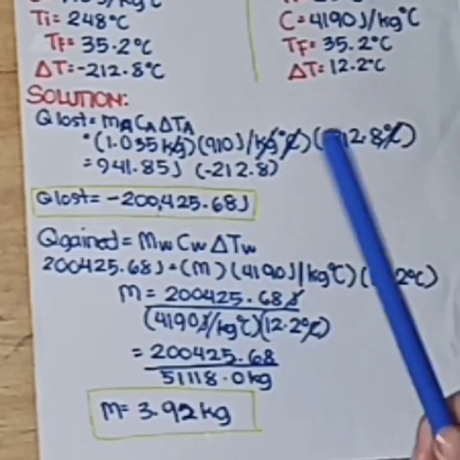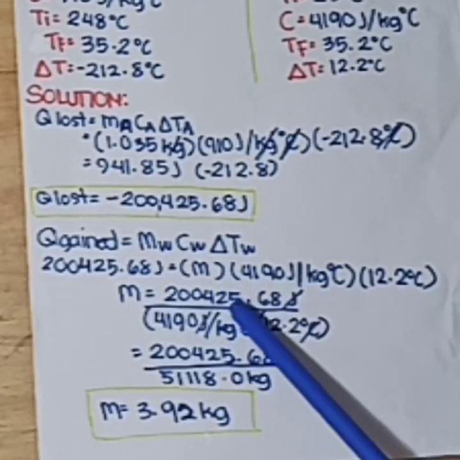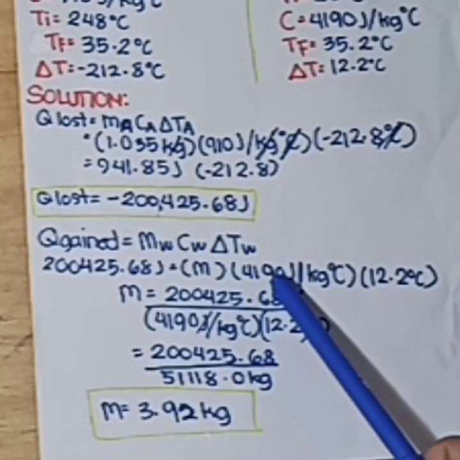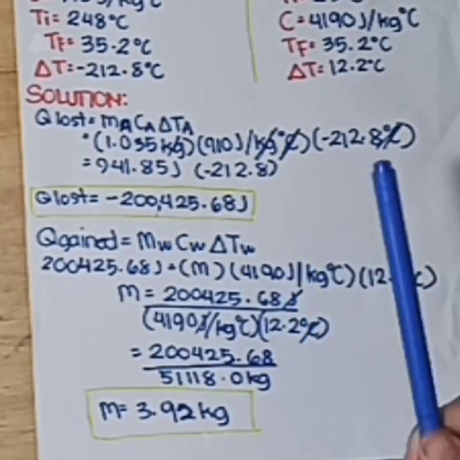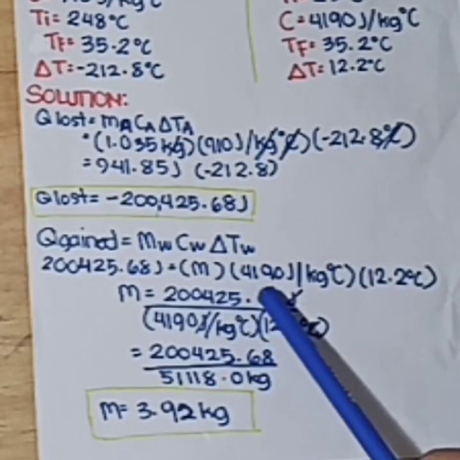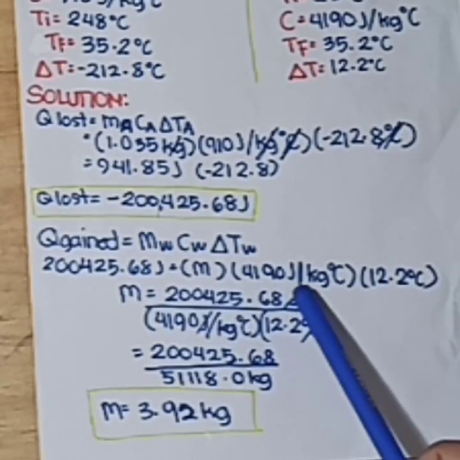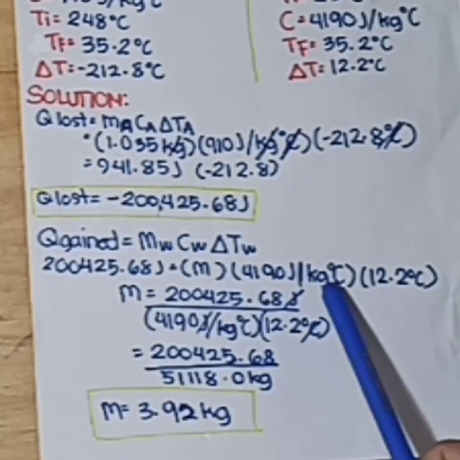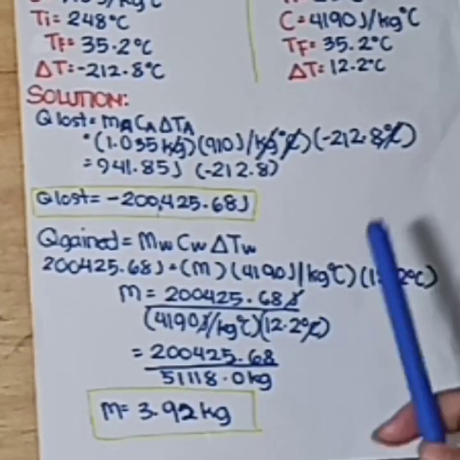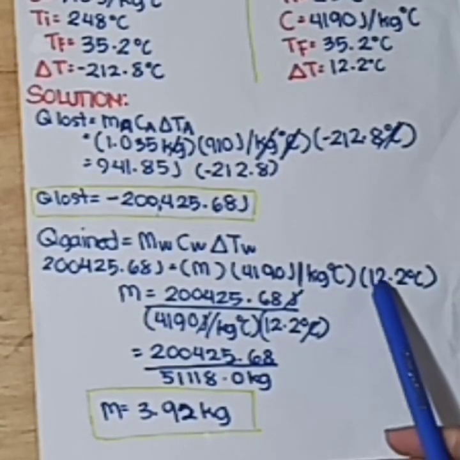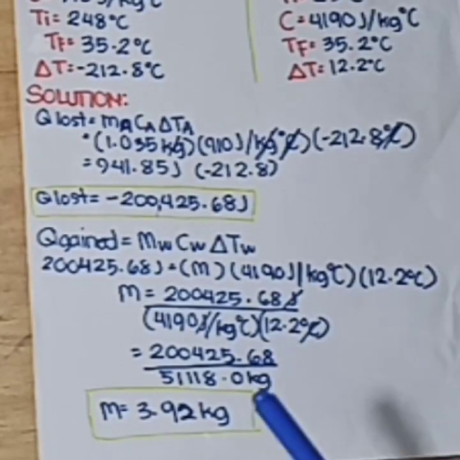And then it is equal to mass times the specific heat of 4,190 joules per kilogram degree Celsius. And then times the change in temperature, 12.2 degrees Celsius.